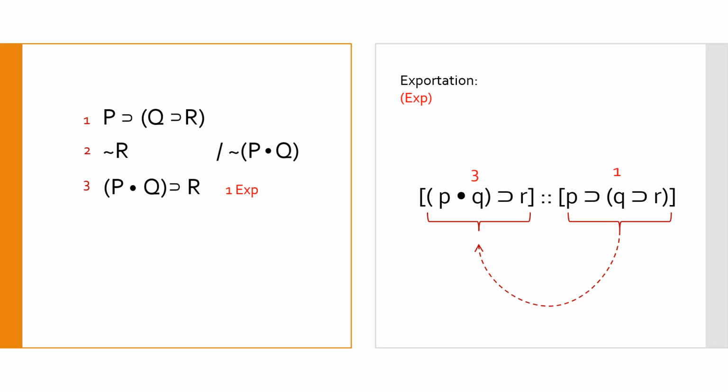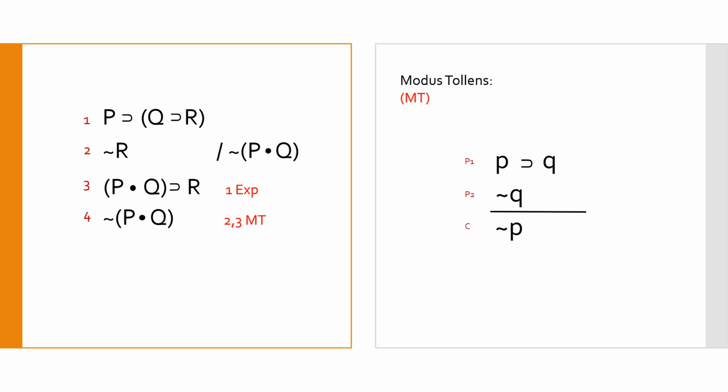And to do that in this case, we can use exportation in exactly the opposite direction to move from an entire conditional statement to a single conditional statement with the antecedent in this case being P and Q. And once we have this, it's pretty easy to see how a modus tollens is going to resolve this into the conclusion we're looking for.